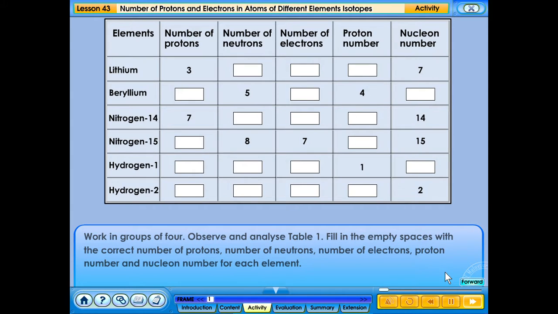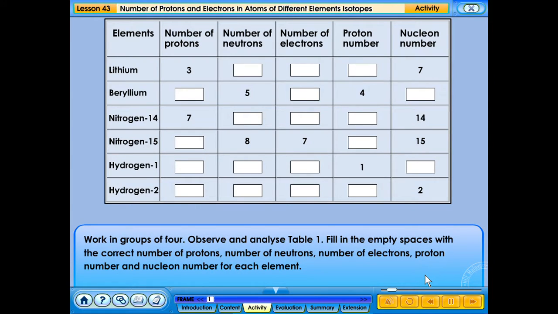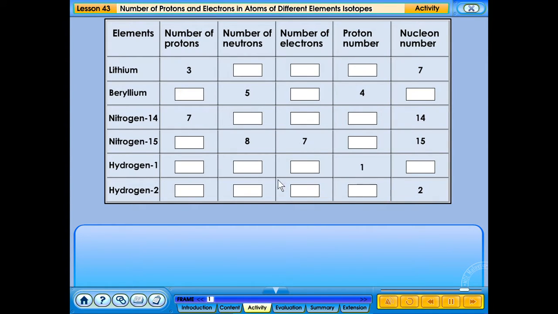Work in groups of 4. Observe and analyze Table 1. Fill in the empty spaces with the correct number of protons, number of neutrons, number of electrons, proton number, and nucleon number for each element. Compare your answer.